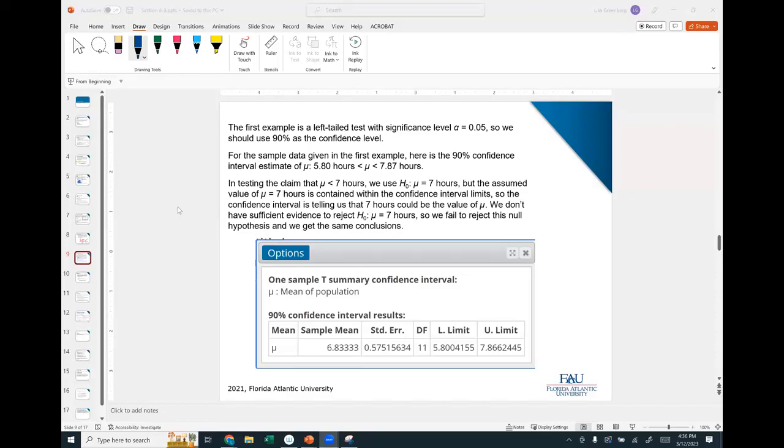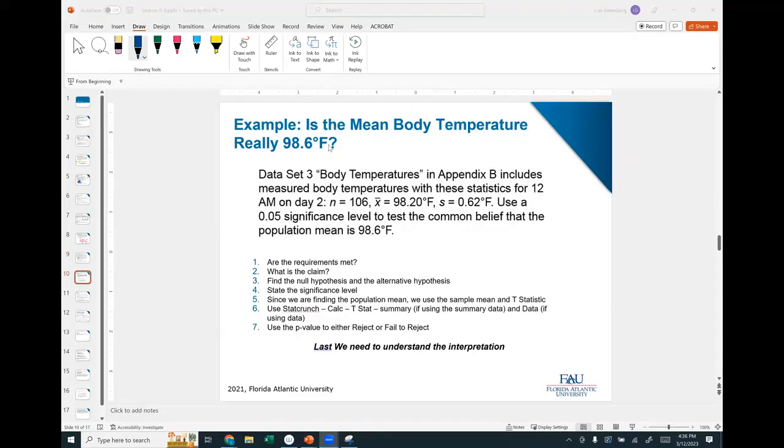All right, next problem. Is the mean body temperature really 98.6 degrees Fahrenheit? There is a data set. If you want to go find it, it's in Canvas under files, data set 3, body temperatures.